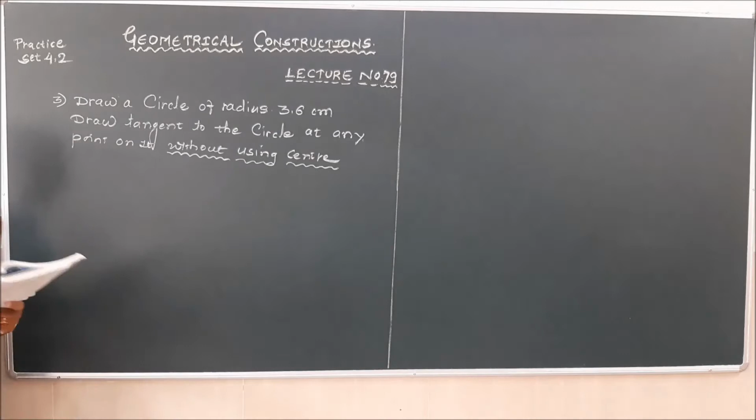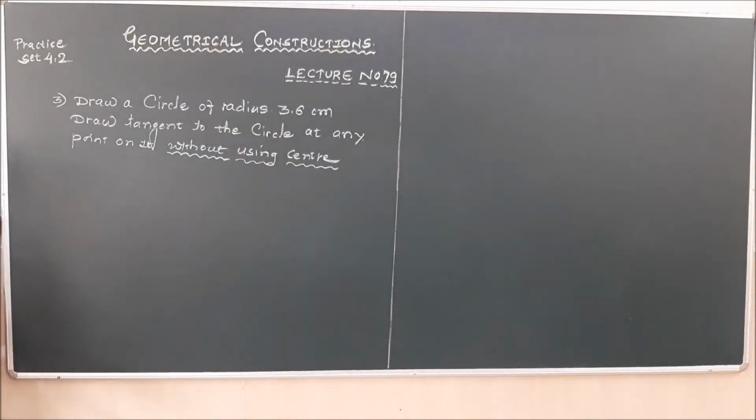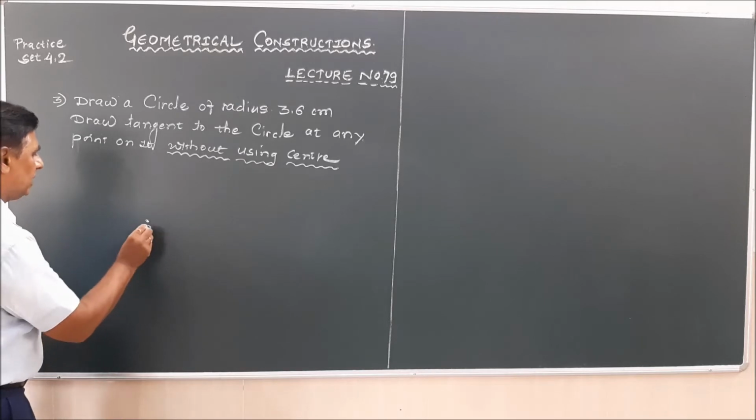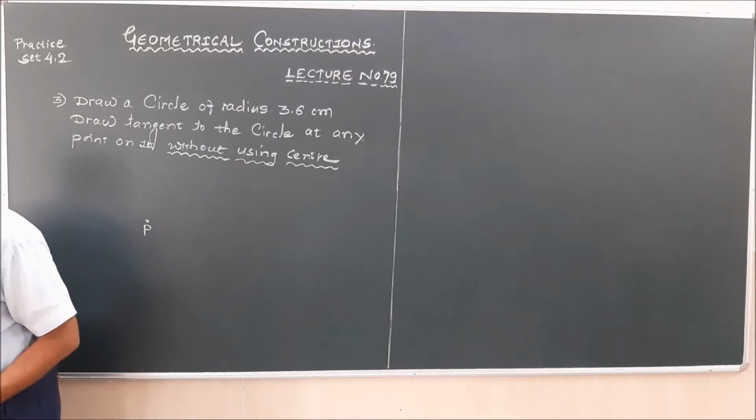Correct? So what I am going to do now, first let's draw a circle. The radius is given as 3.6. The center is not given, so I call it P again. P is the center of the circle. I am going to draw a circle of radius 3.6. Take a distance of 3.6.